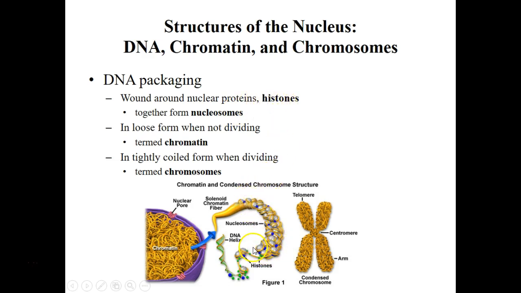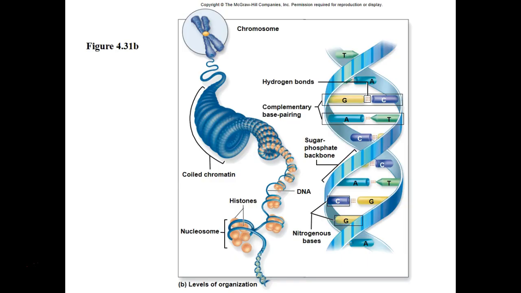These histone proteins are kind of like the meatballs of the spaghetti, and the DNA winds up around those histone proteins, forming a chromosome. And this is what most people think of when they see DNA. So it only is condensed when we're dividing. Otherwise, it's always in its uncondensed form, and that's how we can read the DNA to produce proteins. And so there's another figure showing the condensed formation of DNA.